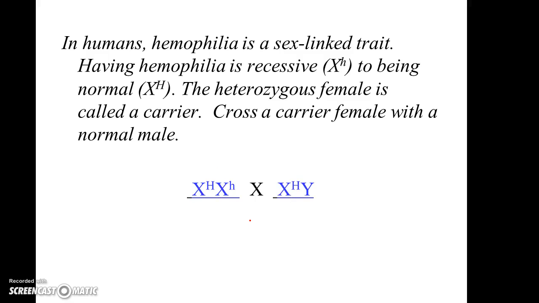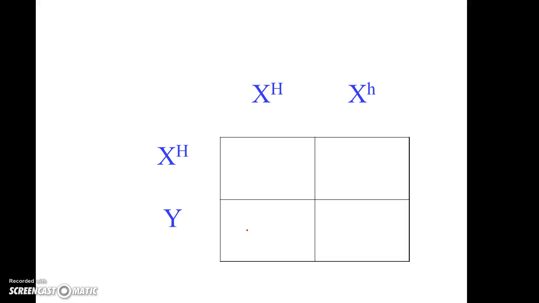Alright, did we do it right? Yes, we did. See, we got that big H, that little h for the carrier, and then the male is normal, so he's just going to have a big H on the X. So now let's make our Punnett square. So remember, for our Punnett squares, we're going to start with this box.